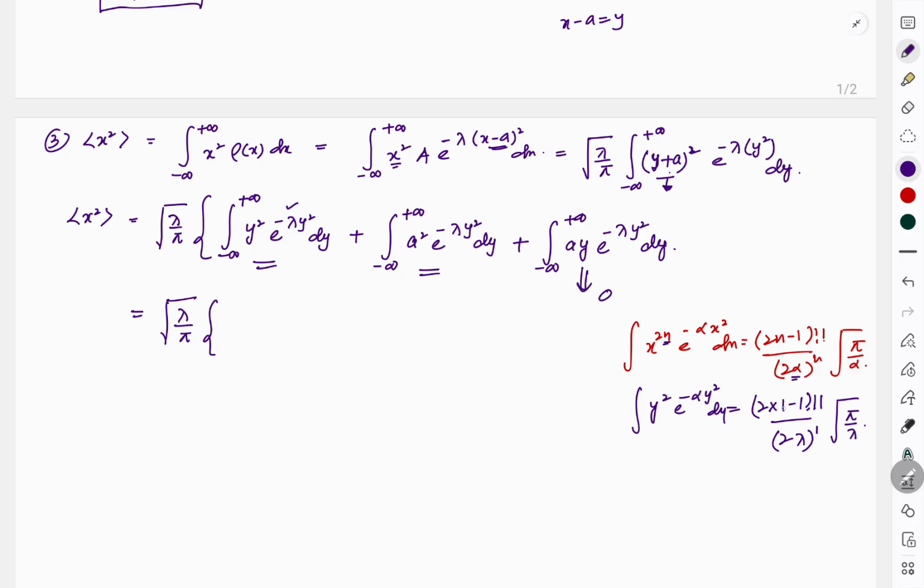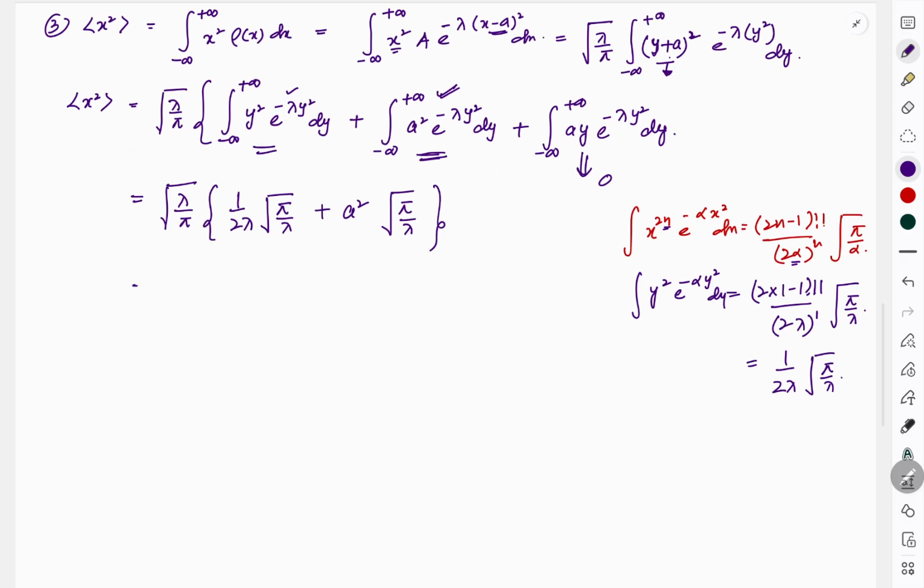So it's like 1 double factorial, which is again 1, divided by 2 lambda root of pi by lambda. Is that okay? So let's put directly here 1 over 2 lambda root of pi by lambda. This is the first one, plus a square, and this one we already know it's root of pi by lambda because we already used it twice above.